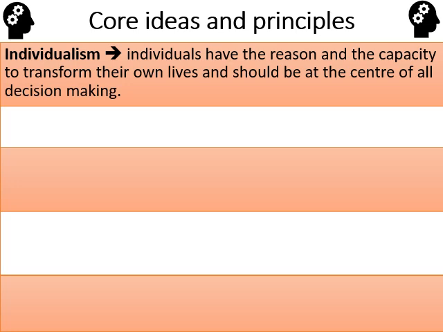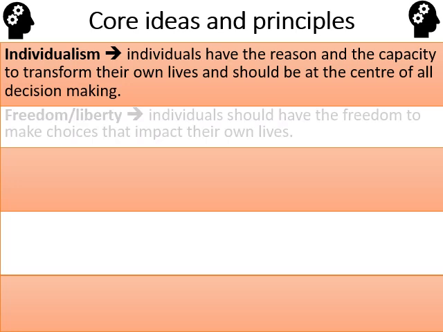And as we will be looking at later, there is disagreement between modern and classical liberals on this idea. So even though they all agree in individualism, classical liberals believe in egoistical individualism, whereas modern liberals believe in developmental individualism, and we'll talk about what those differences are again later.